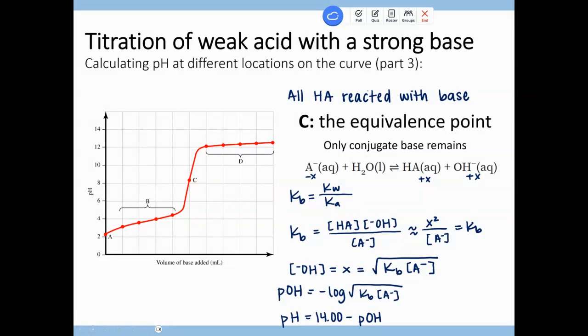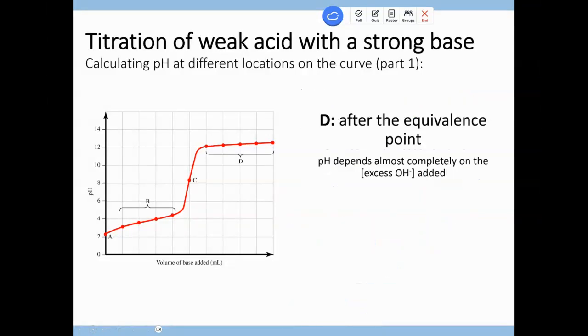So past that point, the pOH or the pH depends almost completely on the excess OH minus that's added. So you're adding more base to that solution that already reached the equivalence point. So the pH depends on that excess amount. We can't, again, calculate pH directly, so we have pOH.